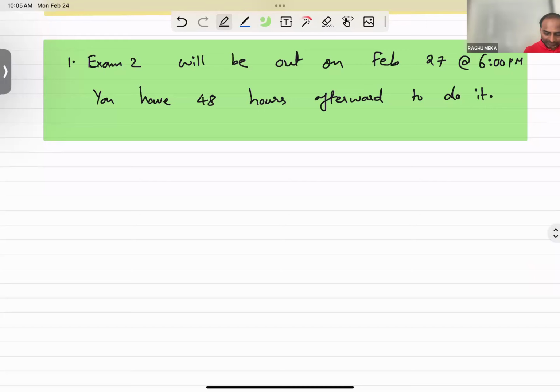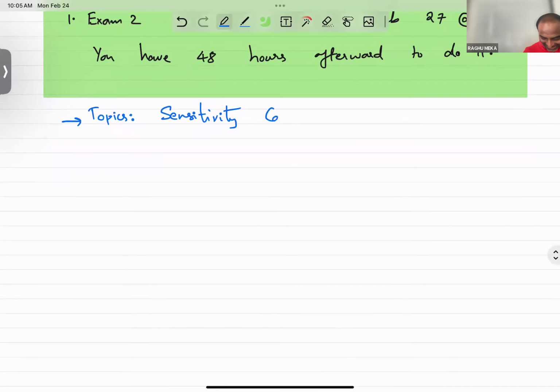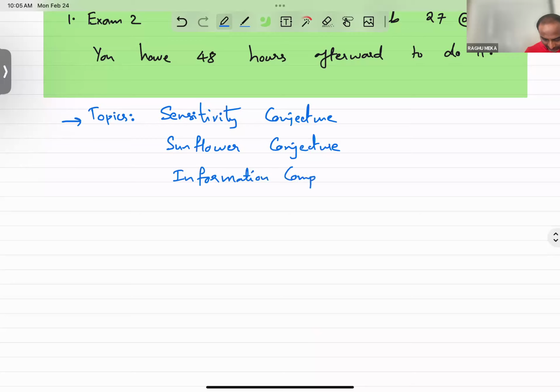So the topics will be, the sensitivity conjecture, sunflower, and information complexity.